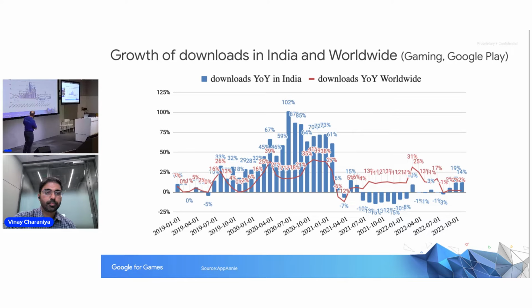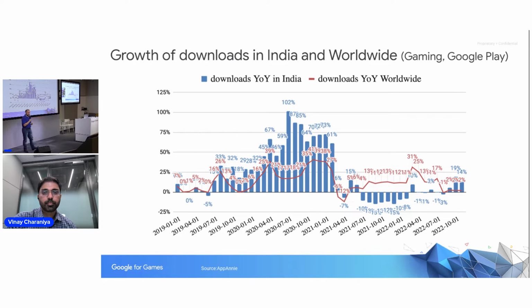So we see that 2020 was like extreme booming in India. Even some months had 80 to 100% year over year growth in terms of downloads, which is extremely strong growth. Then 2021 went back to some negative growth, but coming from this extremely high base created in 2020.